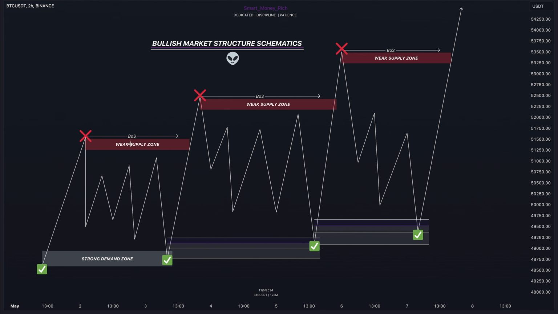So if you're looking to mark out supply zones in an uptrend to sell from there, you're in trouble. That's how a lot of us mark out the wrong order blocks, and then we think price doesn't respect them.